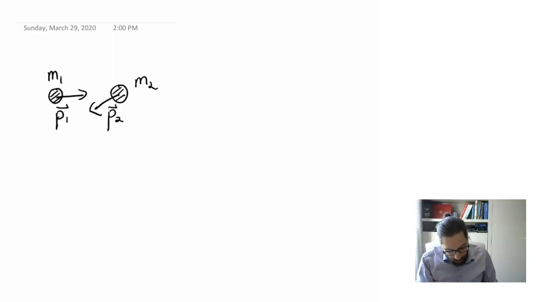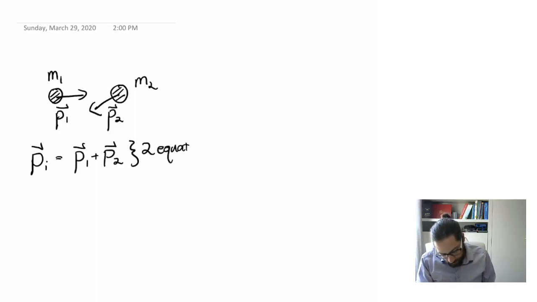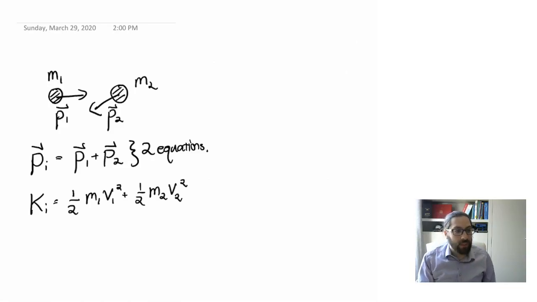So we know that the initial total momentum of the system is p1 plus p2. Okay? And this is actually two equations. And we also know the initial kinetic energy, and we know that the initial kinetic energy is going to be the sum of the square of the speeds weighted by the masses.